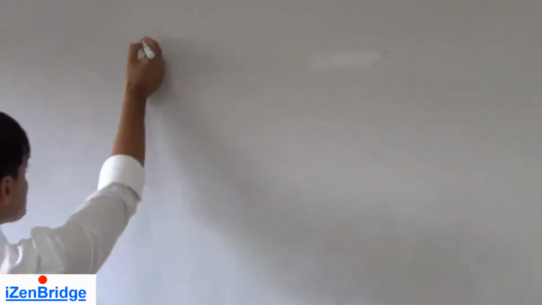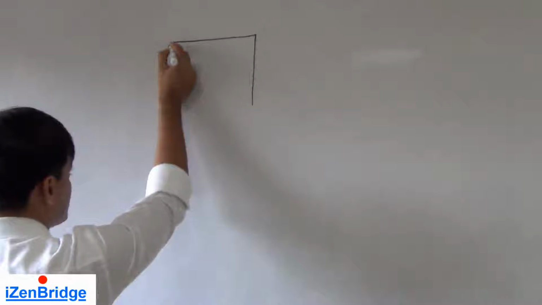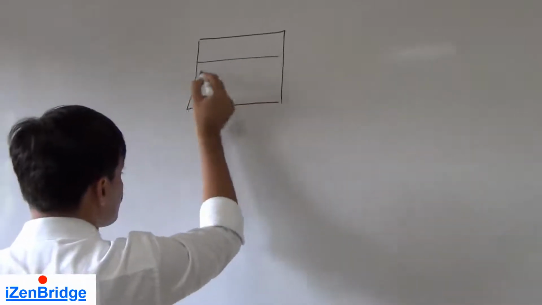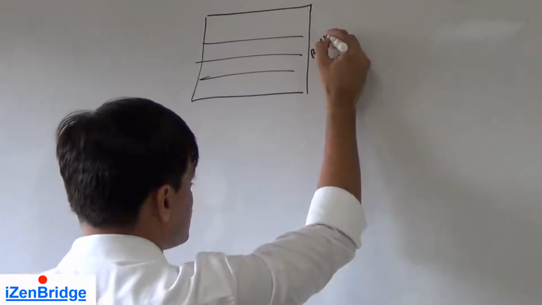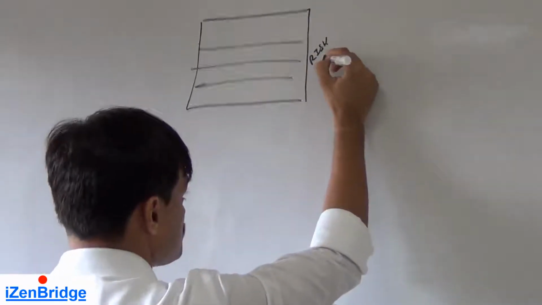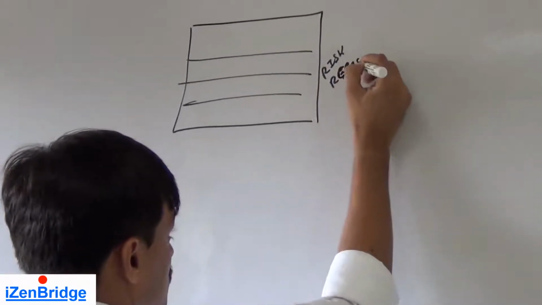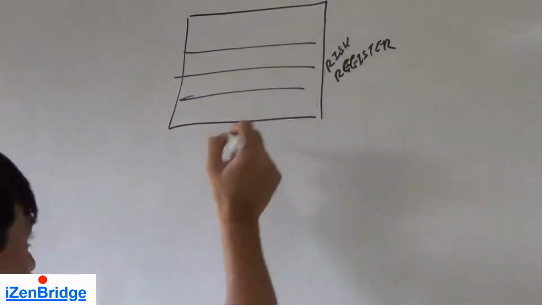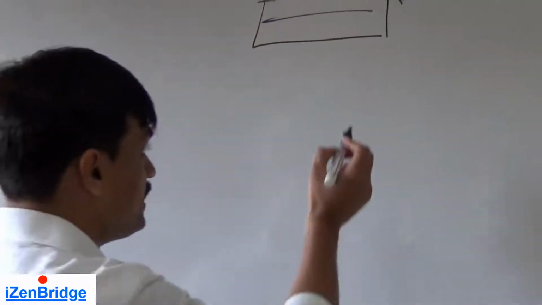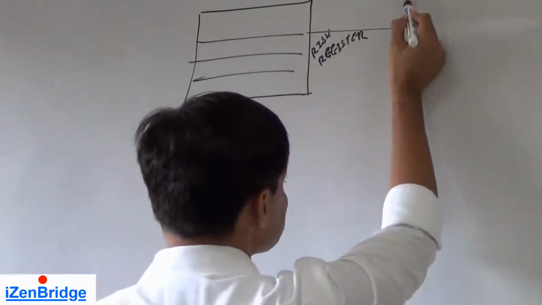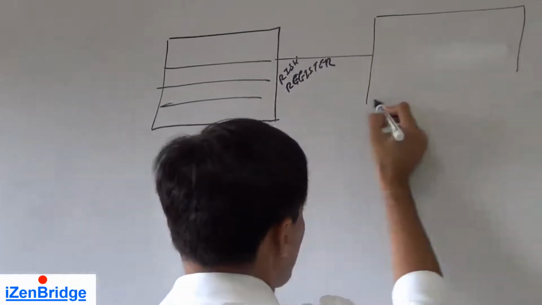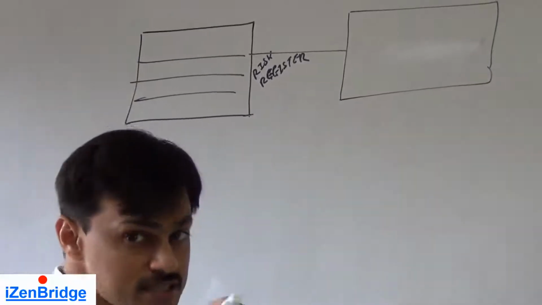Now from our previous process, what we got is a list of risks in the form of a risk register. Now these risks need to be assessed. We can do an assessment on the basis of the likelihood of this risk.